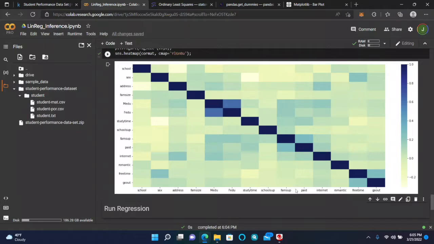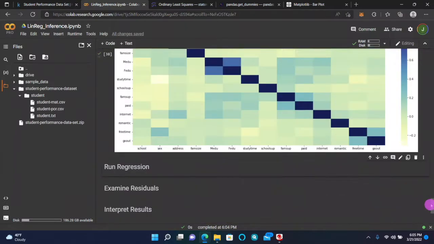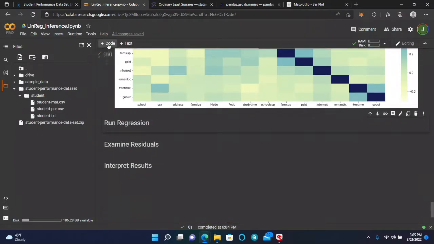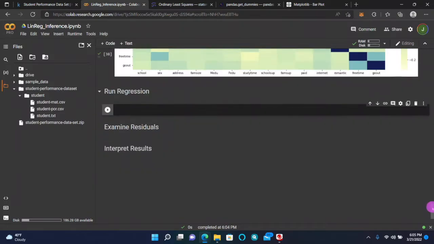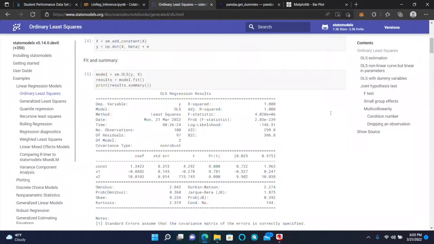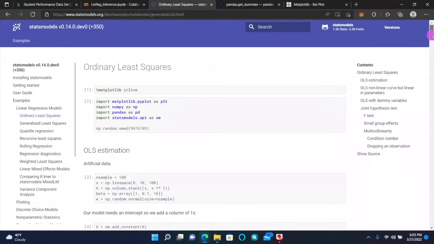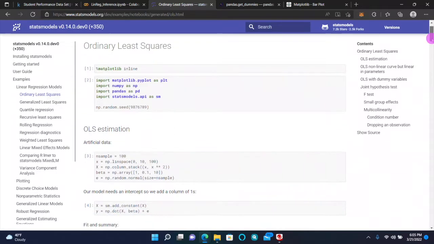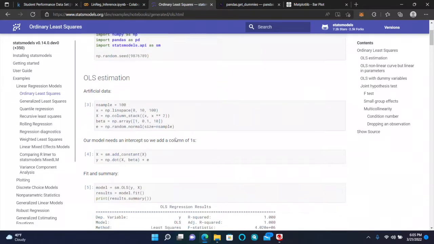So I'm not seeing anything right now that strikes me as so much correlation that we need to get rid of a variable. So we're just going to go down here and actually run the regression. Now there's a great tutorial in the statsmodels documentation about how to do this. We've already got statsmodels.api.